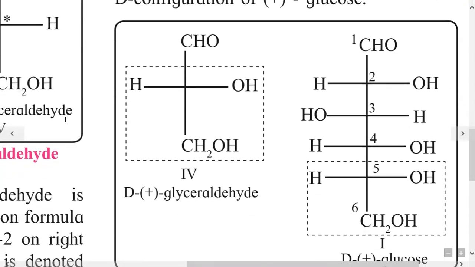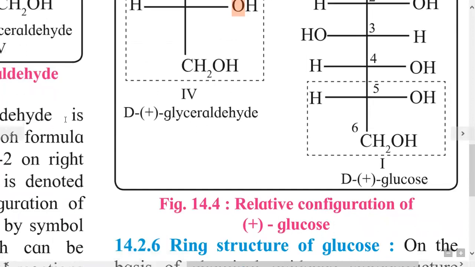Consider first glyceraldehyde: the second carbon is asymmetric, it is chiral, and for that the configuration is given as D because the OH group on this lowest chiral carbon atom is towards the right side, hence it is called D-plus-glyceraldehyde.